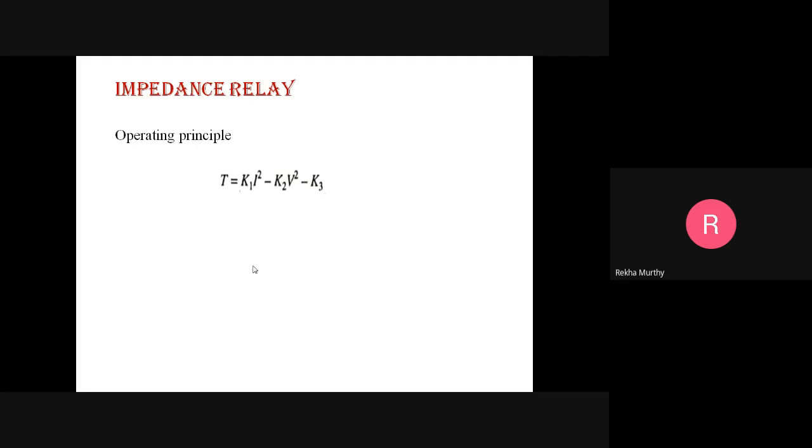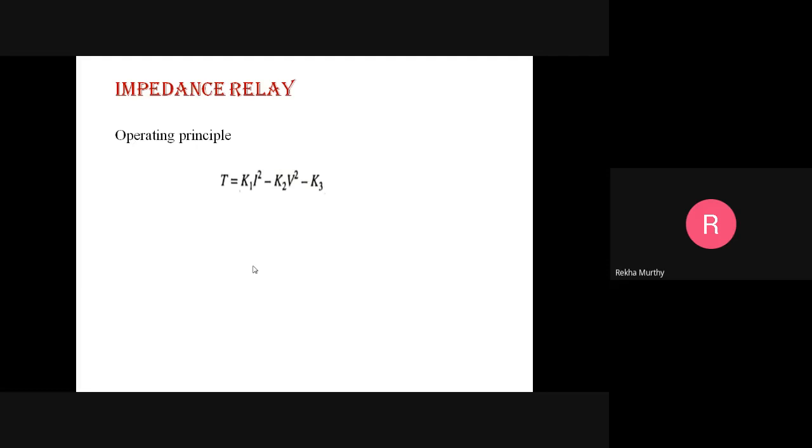This is not a new thing: we have already proved why this is the torque equation for the electromagnetic relay, and why it is a square term. Since there are two parameters always being compared, we take K1 times I square, and also K2 times V square. What are K1, K2, K3? Those are all constants.